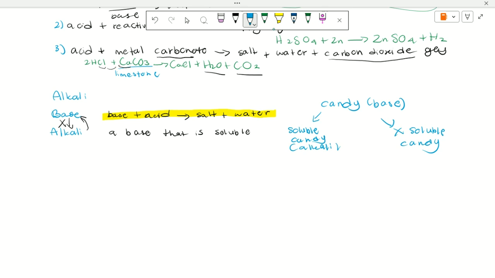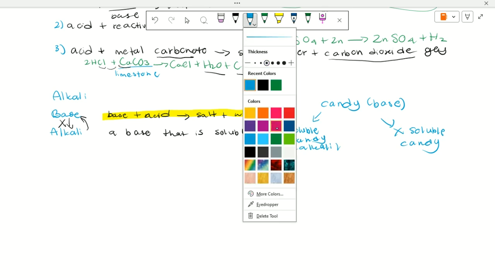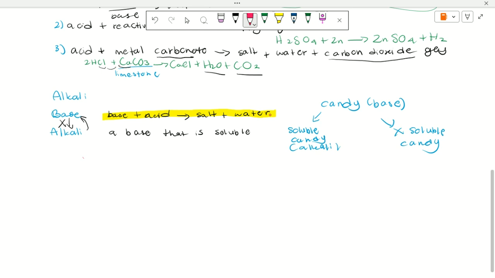So how do you know if an alkali is soluble or not? So we're gonna take a look. Okay, so base and alkali.